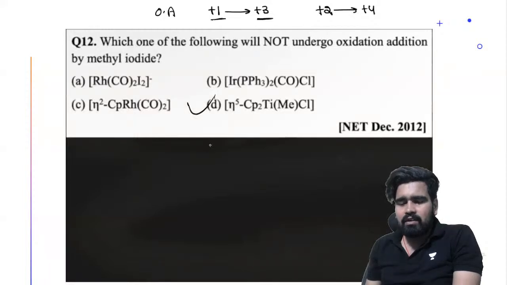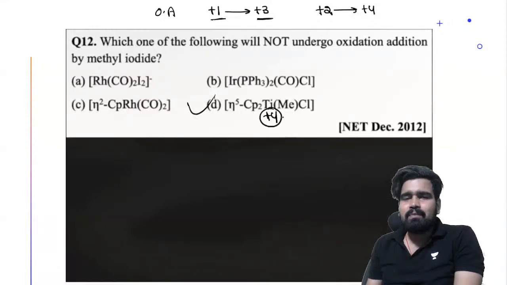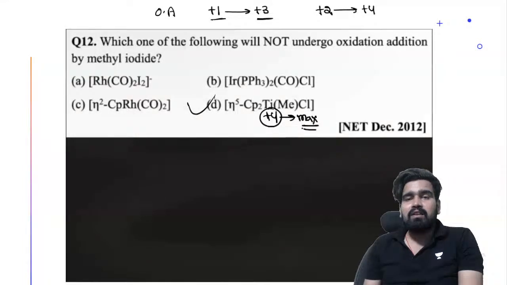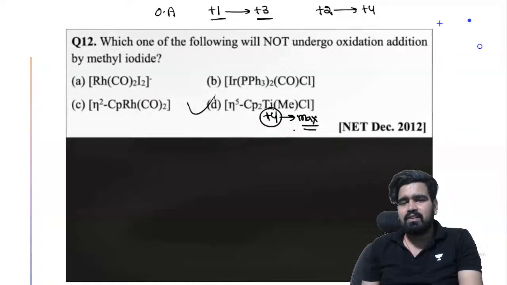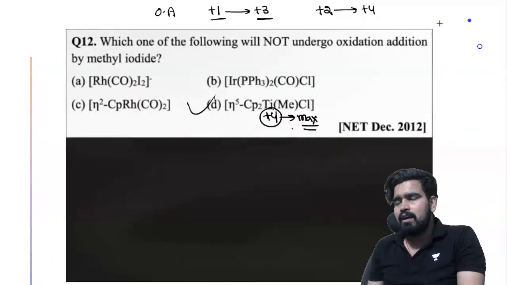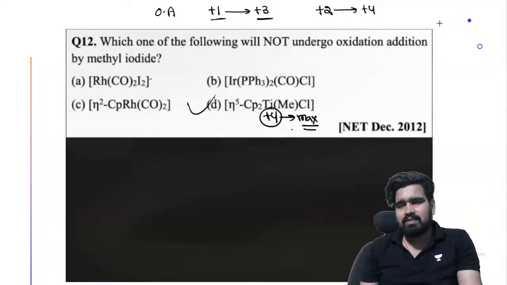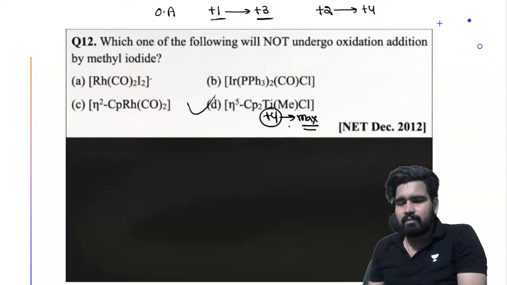If you check, titanium will be in the +4 oxidation state, which is the maximum oxidation state of titanium, so it will never raise its oxidation state beyond 4. That's why it will never give an oxidative addition reaction. So D is going to be the right option.